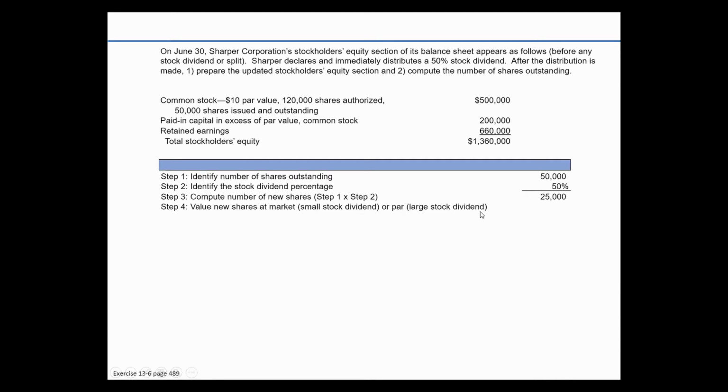So in this case, it's going to be based upon the par value. And we said the par value is $10. So each share is going to be worth $10. And then we'll determine the amount to be capitalized, or debited to the retained earnings account. So we figure that out by multiplying step 3 by step 4. And so it's going to be $250,000.